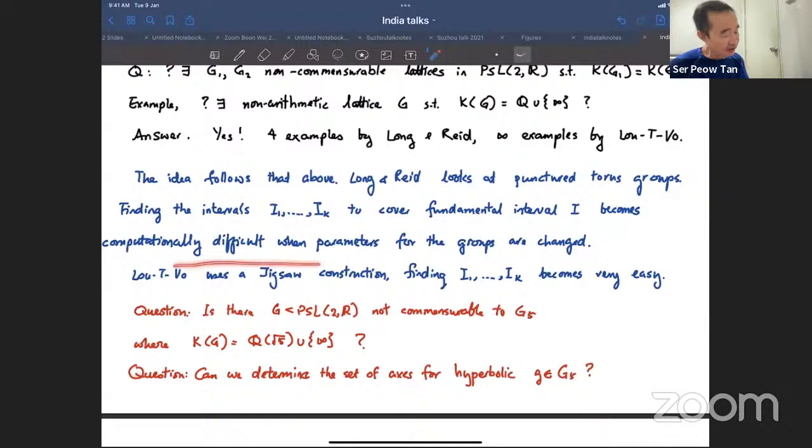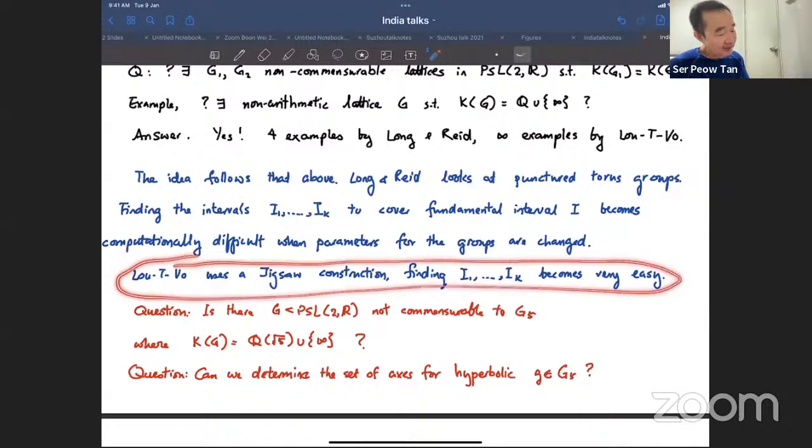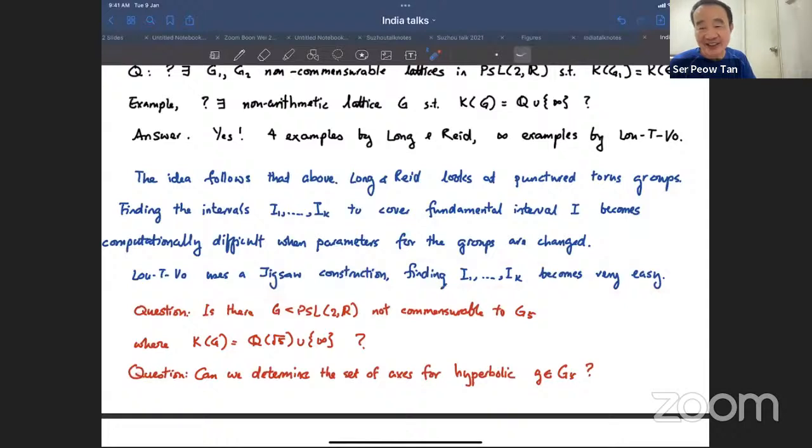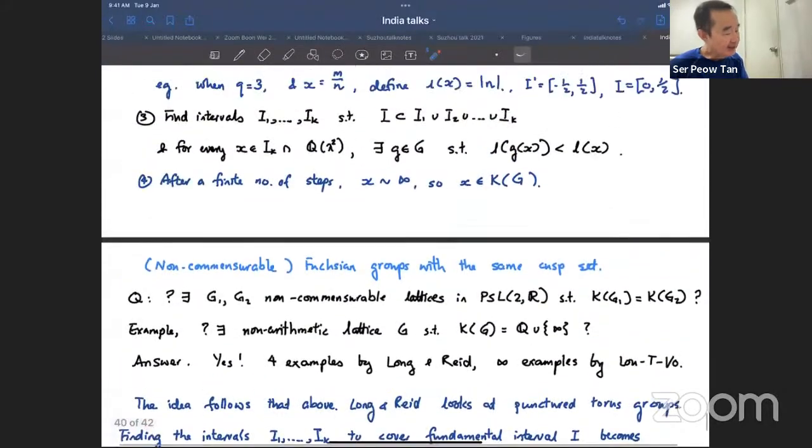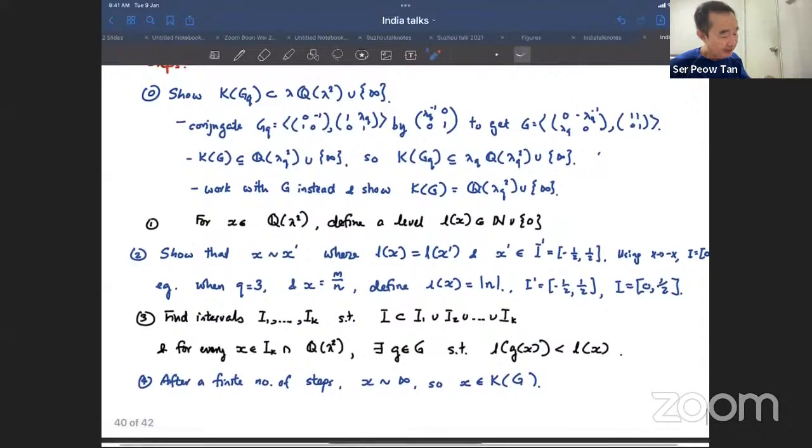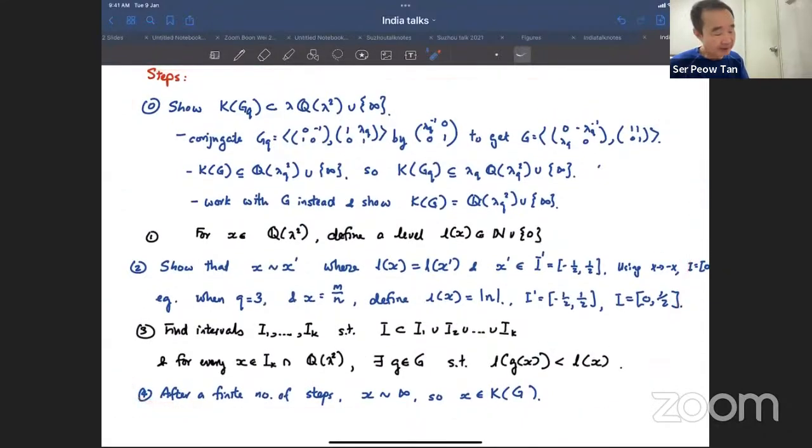We do something called a jigsaw construction, and it turns out that by this construction, instead of making things more difficult, there were many more generators, but somehow finding these subintervals that covered was very easy. So it actually made the problem easier. Anyway, the answer is that there were infinitely many, but the point here is that these steps over here still applied.